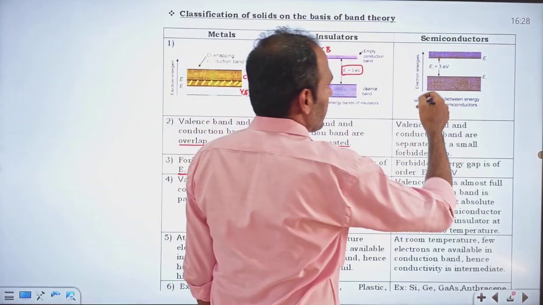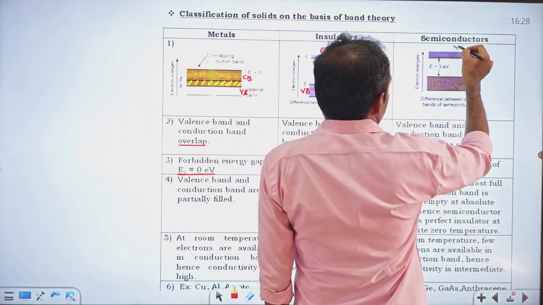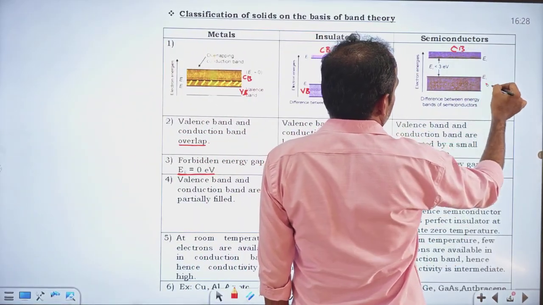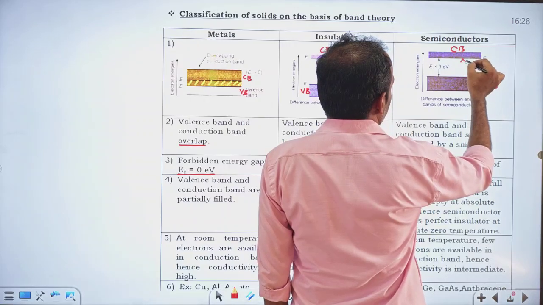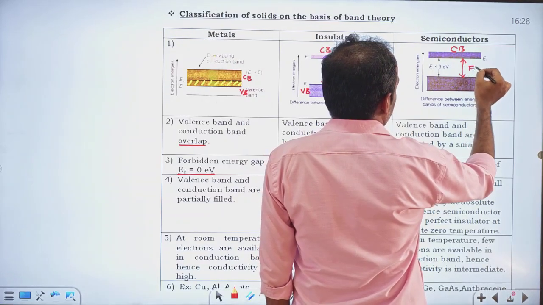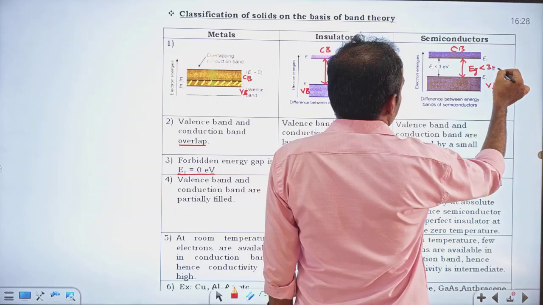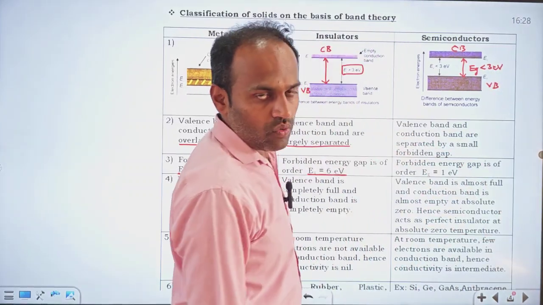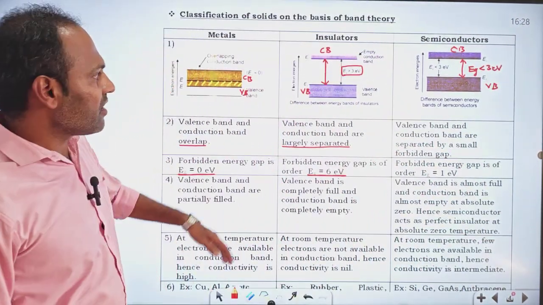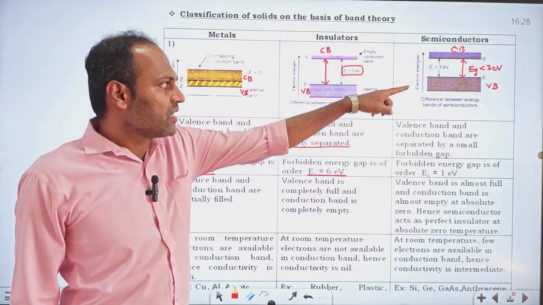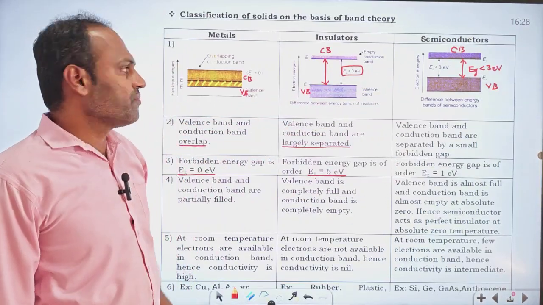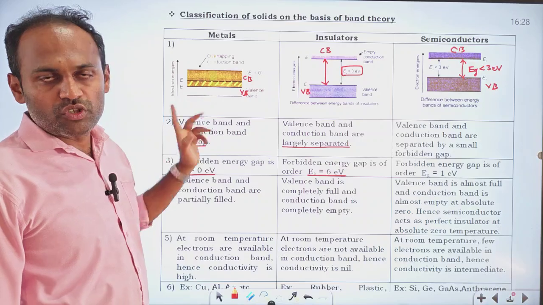Next, in semiconductors, this is the conduction band and this is the valence band. The energy gap between the valence band and conduction band here is less than 3 electron volts. So in insulators the energy gap is greater than 3 electron volts, in semiconductors it is less than 3 electron volts, and in metals it is almost 0.